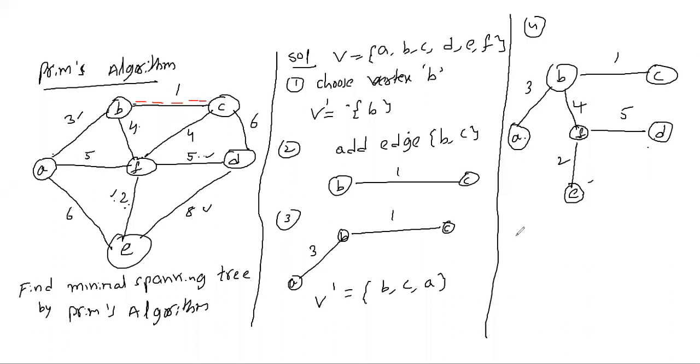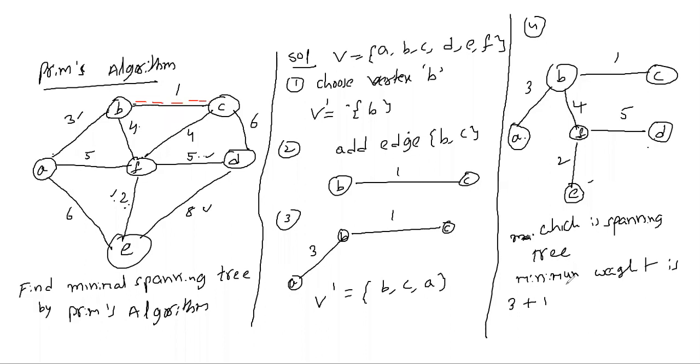So now here the minimum spanning tree, minimum weight is, what is that? 3 plus 1, next plus 4 plus 5 plus 2.